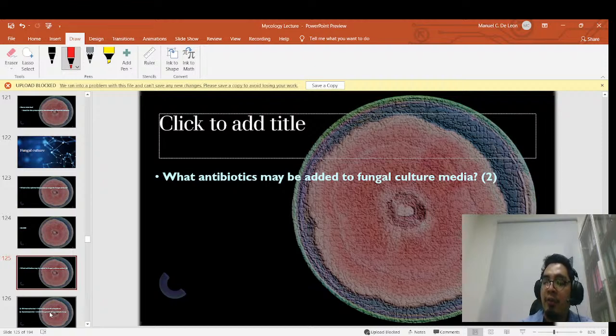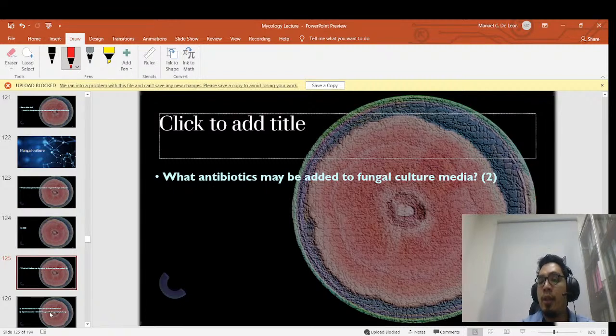What's the action of both of these antibiotics? Well, chloramphenicol is the one that prevents the growth of bacteria. We want to prevent the growth of bacteria for us to better visualize and to avoid the contamination of our fungi.